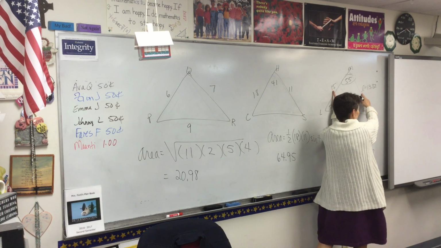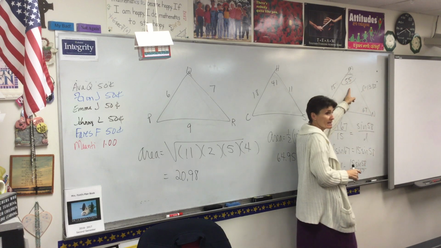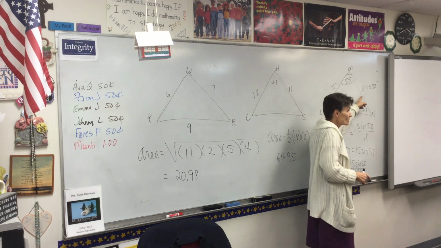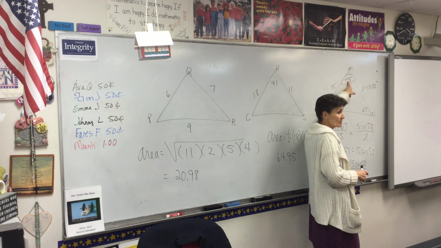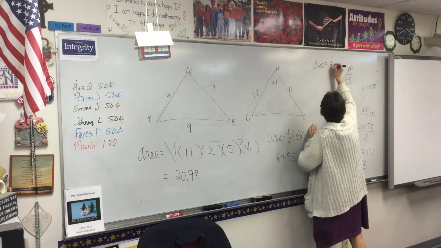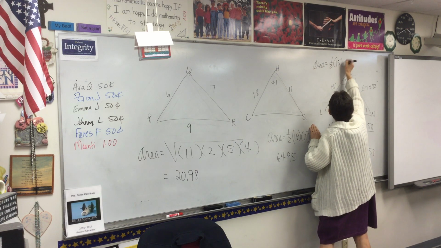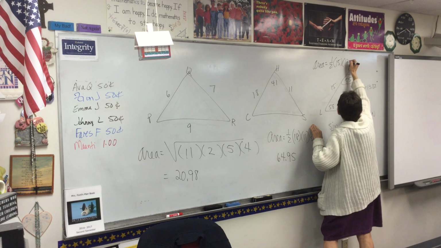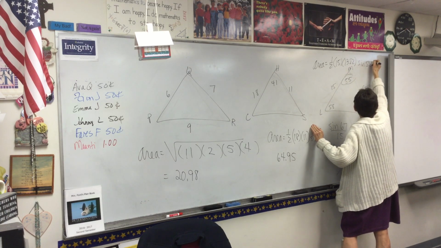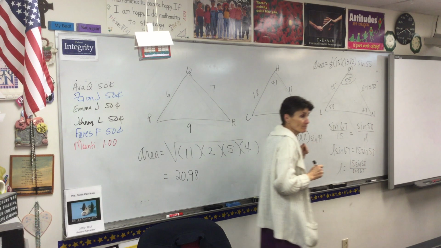Because you must use the angle that is between the sides. And since these are the two sides, I will be using that angle. So my area is 1/2 times 15 times 13.82 times sine 55. Would everybody agree with that?